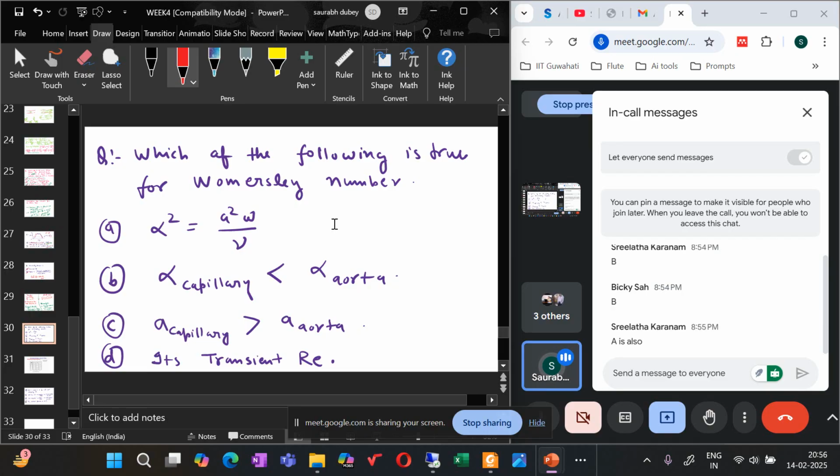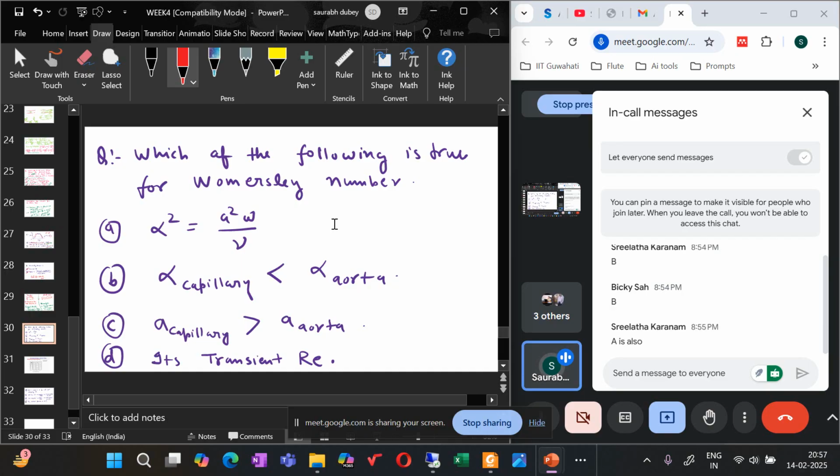The aorta is high, capillary is low, or the radius of capillaries is high, or the aorta is high. That thing you need to know, and then the options are there. So please attempt this.